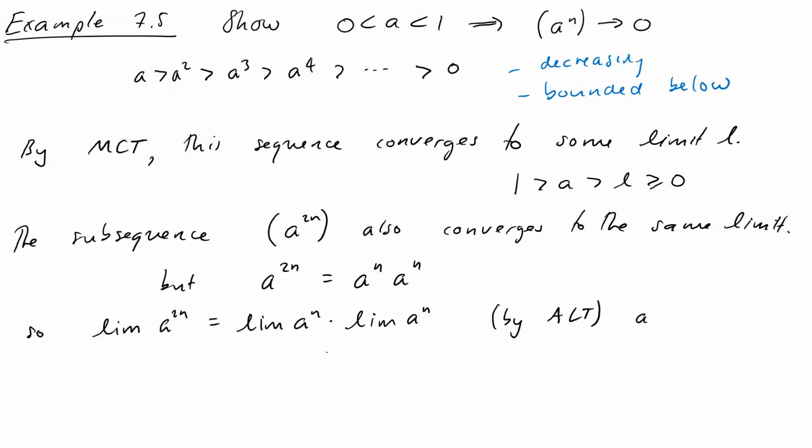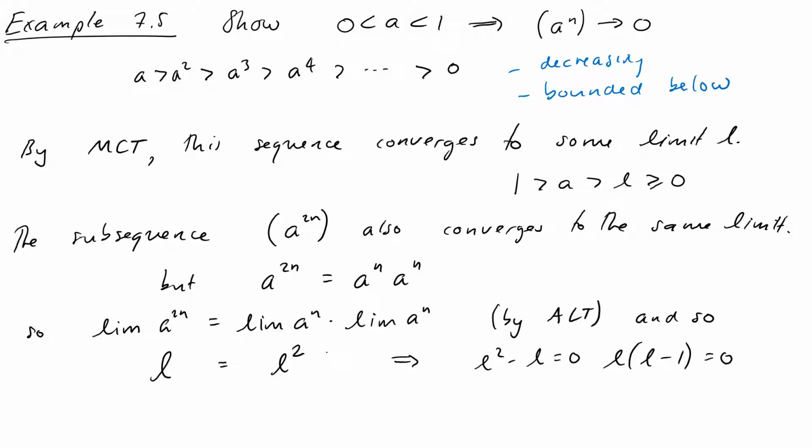And so we have a to the 2n has the same limit as the original sequence, so it's going to be L, and it has got to be equal to L squared. That's cool. And finally, what possibilities does that give us for L? Well, if we were to solve this the regular way, L squared minus L equals 0, we get L times L minus 1 equals 0. Either L is equal to 1 or L is equal to 0.